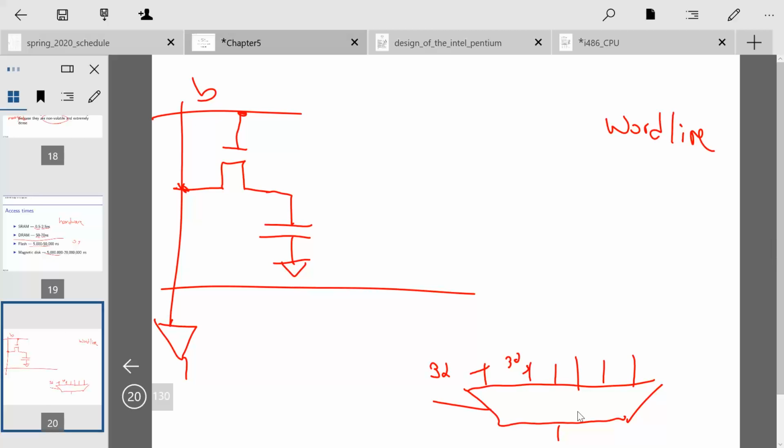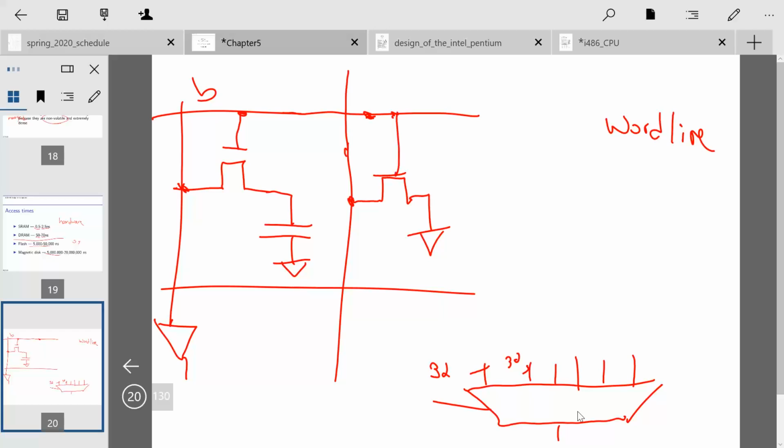It still has a row decoder that lights up one of these word lines, and even in this drawing, I can pack more of these in, which shows what I'm trying to explain here.